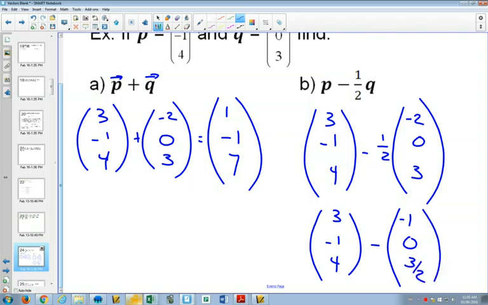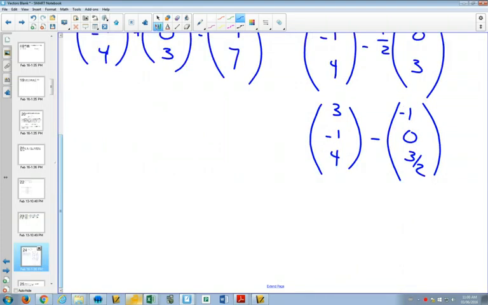And then you can subtract from there. So 3 minus a -1, -1 minus 0, and 4 minus 3/2. Well, this would be 8/2 minus 3/2, leaving us with 5/2.